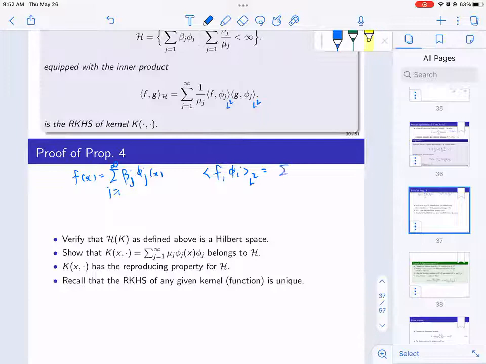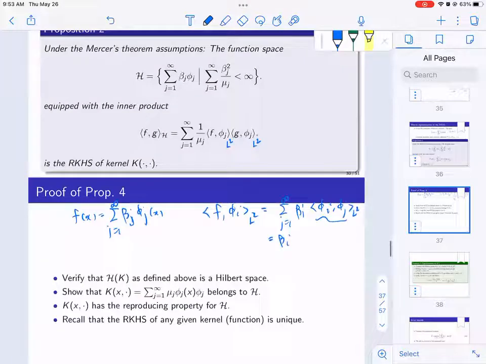The sum just converges very nicely. So this would be the sum of beta j times the inner product of phi i and phi j in L2. And we know these are orthogonal, actually orthonormal in L2. So that would be basically beta i.